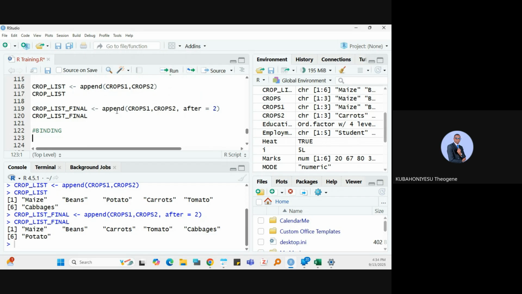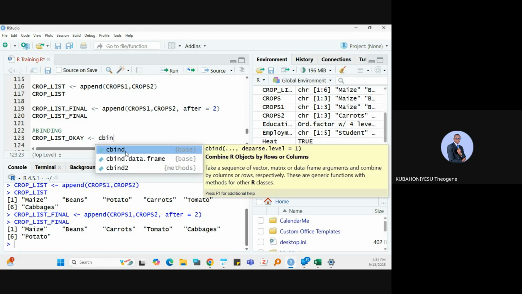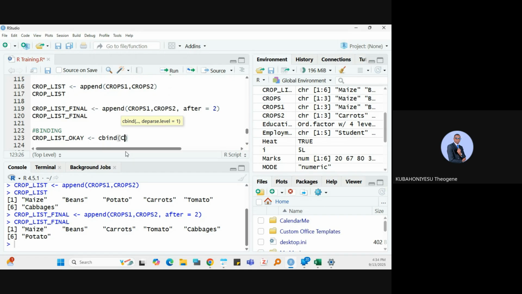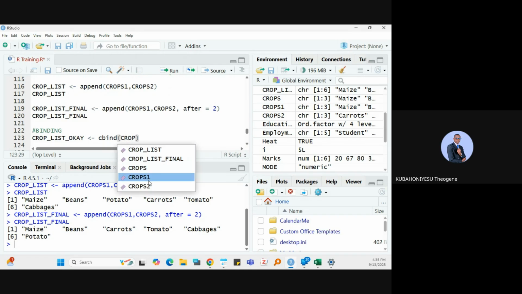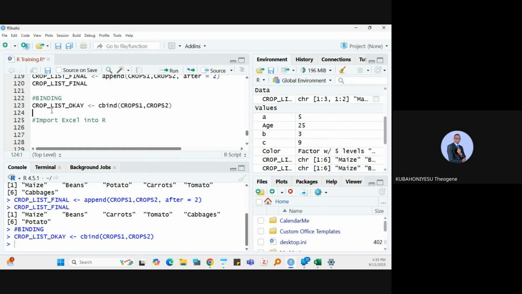So let's do this. For example, crop lists. So I assign that. I say this is column binds, C binds, not one, and then I add crop 2. Then I call C binds, and then I call this crop list.